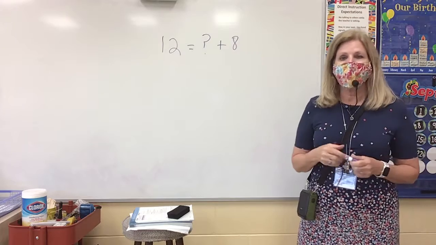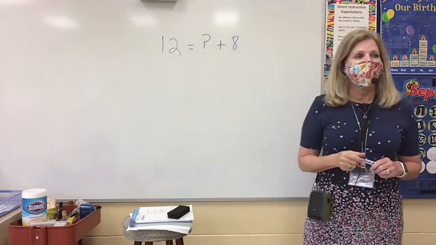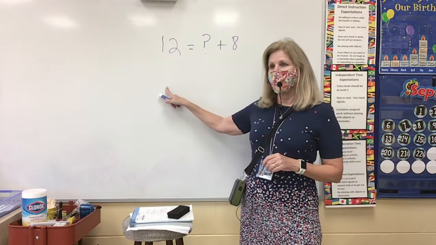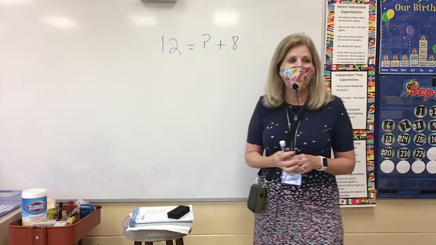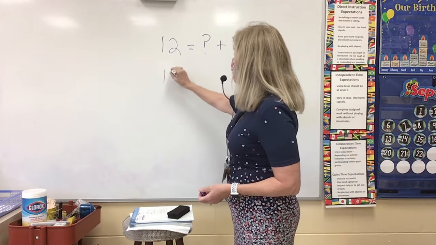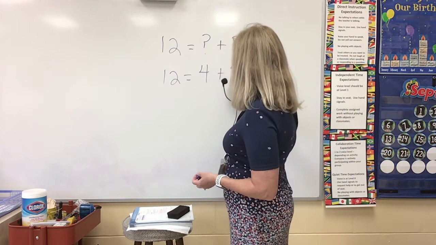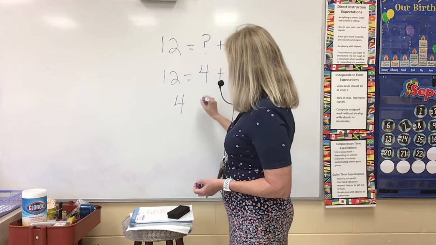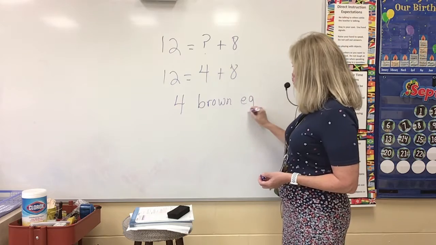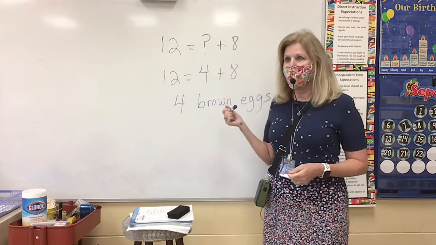Count on. To count on, okay? Counting on, what would we do? 8 plus what equals 12? Anyone? Mary? 8 plus 4. 4. So the equation should have been 12 equals 4 plus 8, so there are 4 brown eggs.